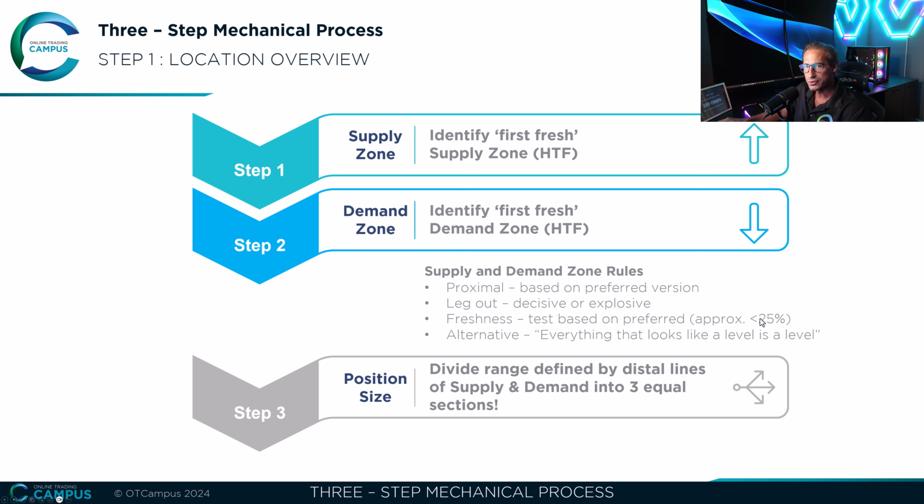Because conceptually speaking, a higher time frame zone, like a high quality weekly or high quality monthly zone, usually has been tested a couple of times. Not only once, not only 2 times, sometimes even 3 or 4 times, if it's a high quality weekly or monthly zone. So that's why I say, okay, a small test, quote unquote, and then we have to quantify what a small test means.